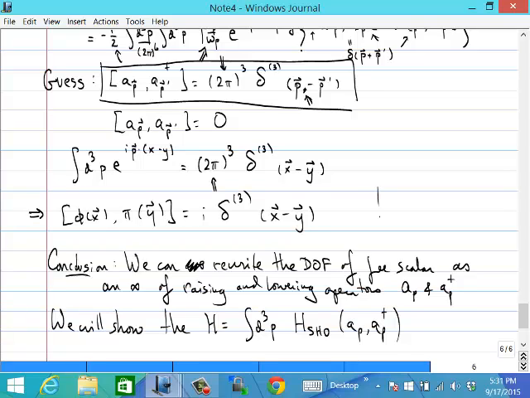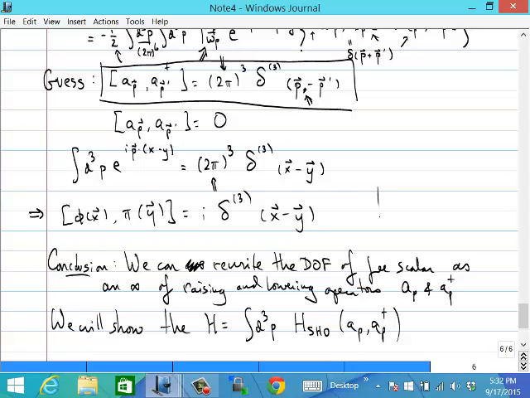Now, maybe I can just whet your appetite for what we're going to discuss next week. If I hand you a harmonic oscillator, you can write the vacuum state, the ground state, as a Gaussian wave function, and then you can use these ladder operators, these raising and lowering operators, to create states with one excitation, two excitations, three excitations, and so forth.